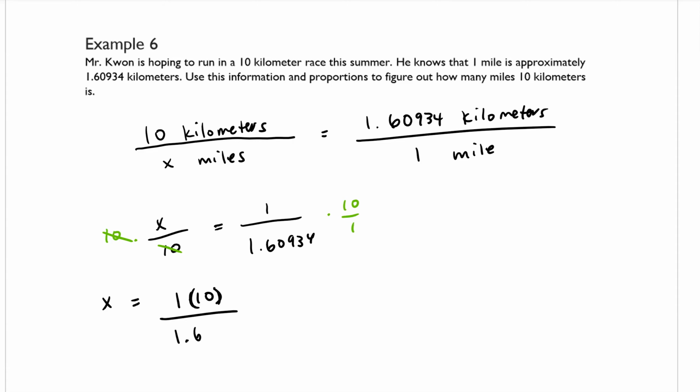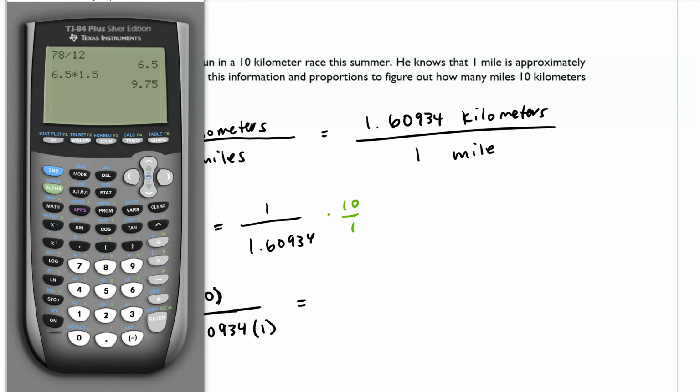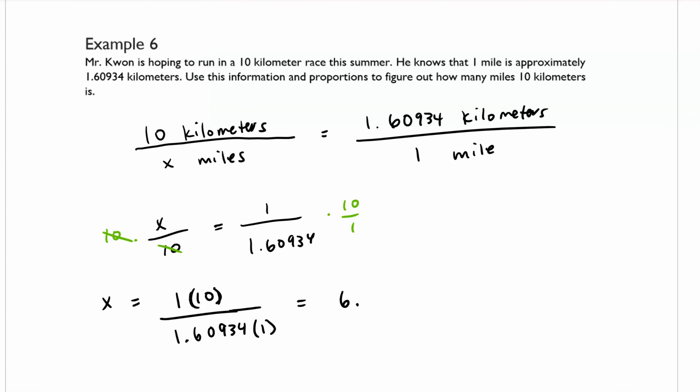I'm going to use parentheses. And that's just going to simplify to 10 divided by 1.60934. So I'm going to approximate it or round it to 2 decimal places. So we'll say that that's approximately 6.21 miles.